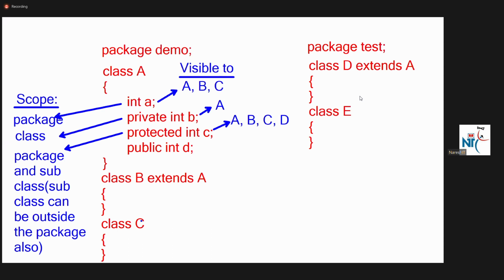It is in the package. It comes under package scope. It comes under subclass scope. But this one does not come under package and does not come under subclass. Now, this variable has no restrictions, not restricted.